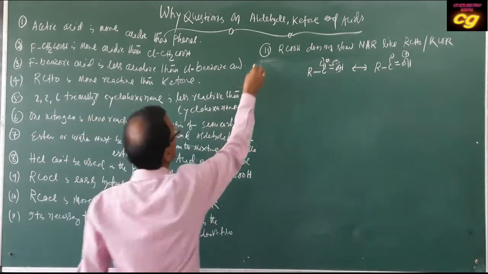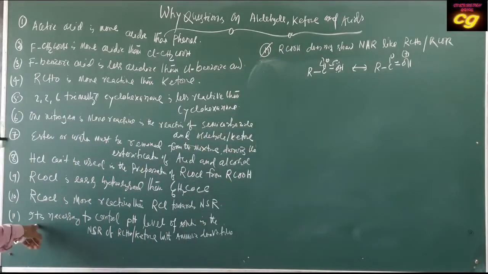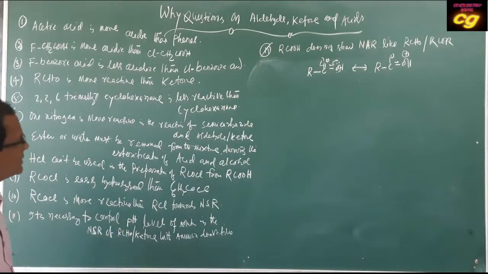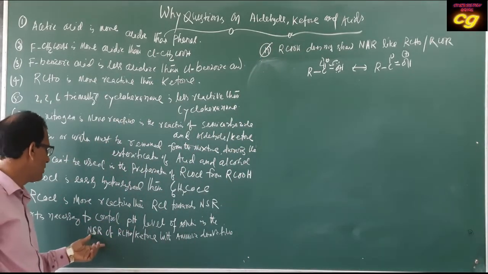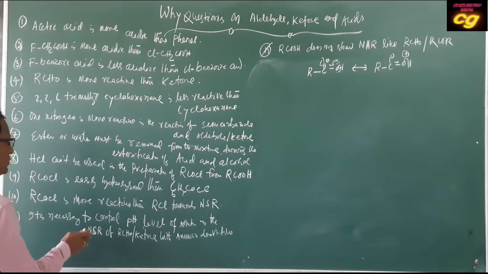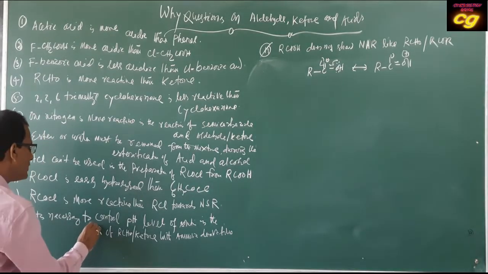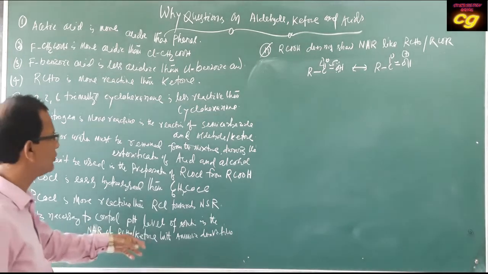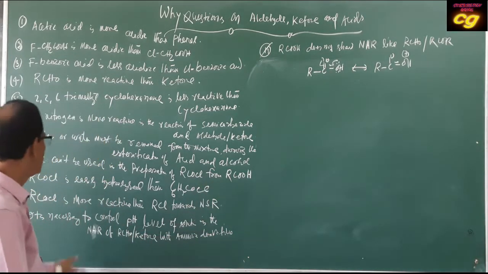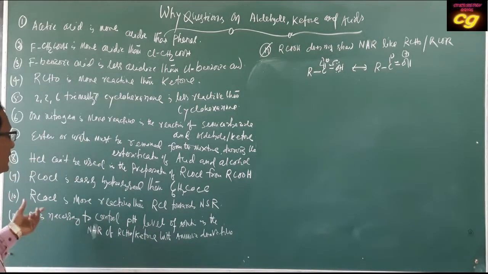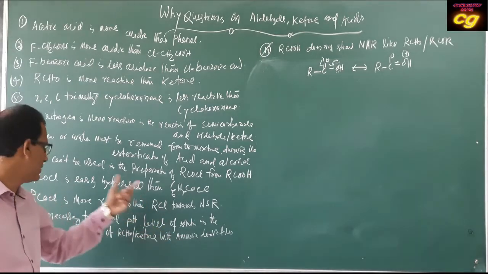Okay, then question number 11: it is necessary to control the pH level of the solution when carrying out the nucleophilic addition reaction of aldehyde and ketone with ammonia. We know nucleophilic addition reaction takes place of aldehyde and ketone with ammonia and ammonia derivatives.